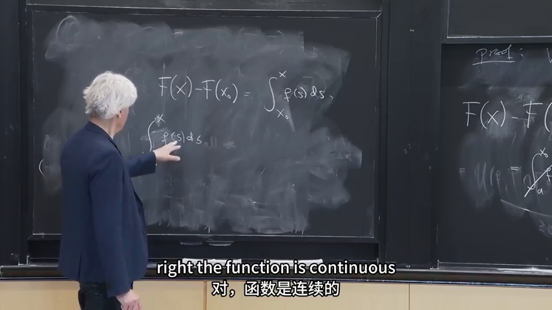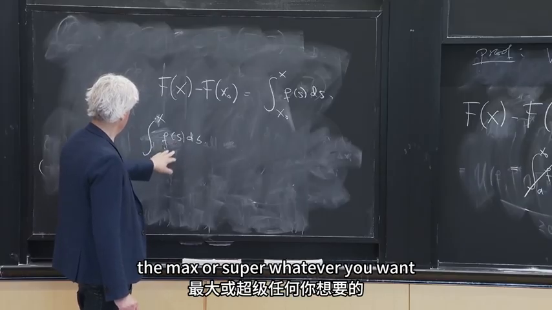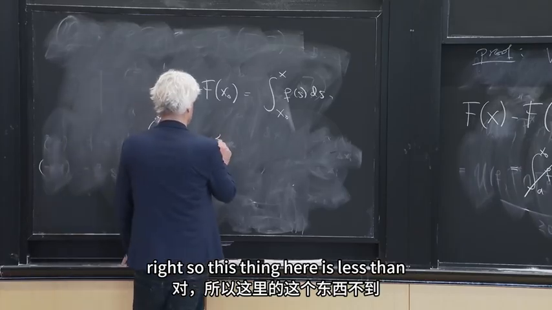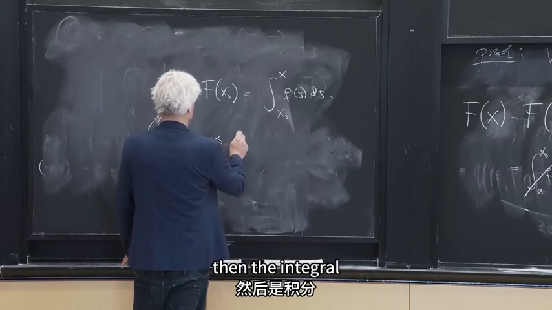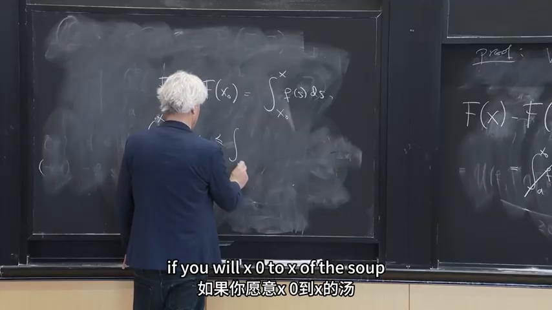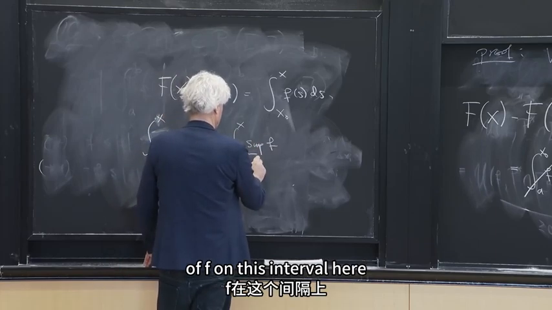The function is continuous, so max and sup are the same, on that interval. So this thing is less than the integral from x0 to x of the sup of f on this interval.